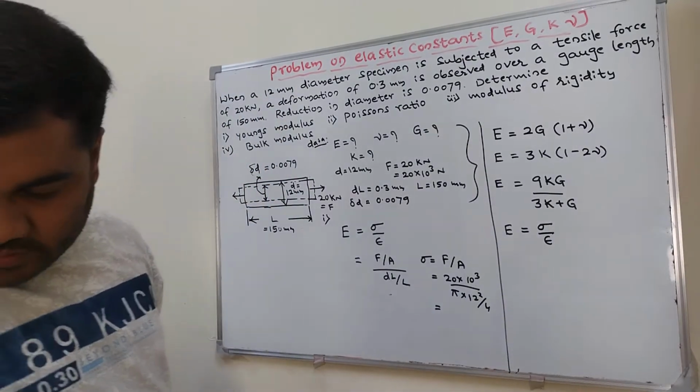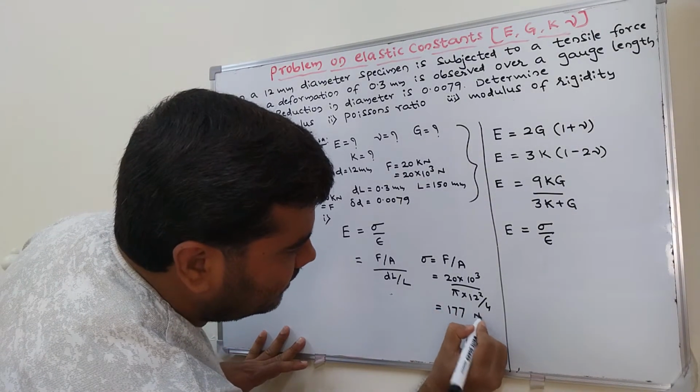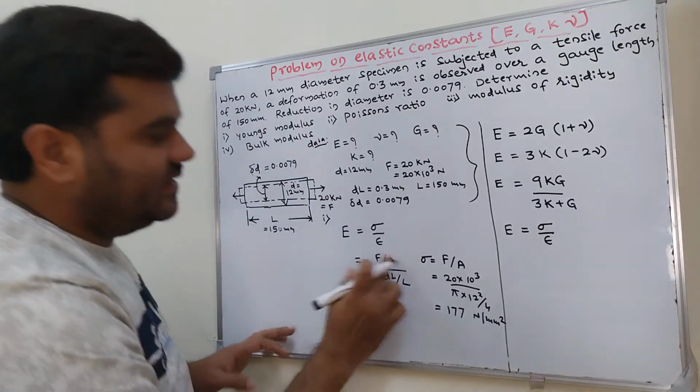I will find out stress equal to load by area first. This will be equal to 20 into 10 raised to 3 divided by pi into 12 square divided by 4. So we get 177 Newton per mm square. This is the stress.